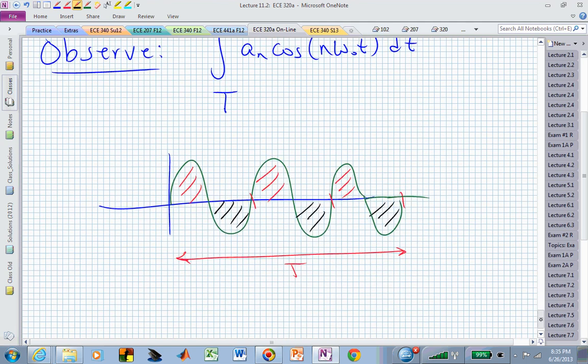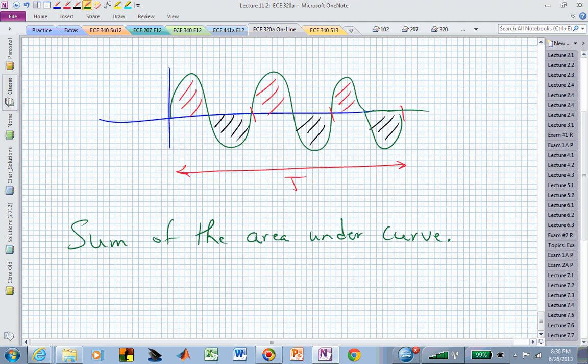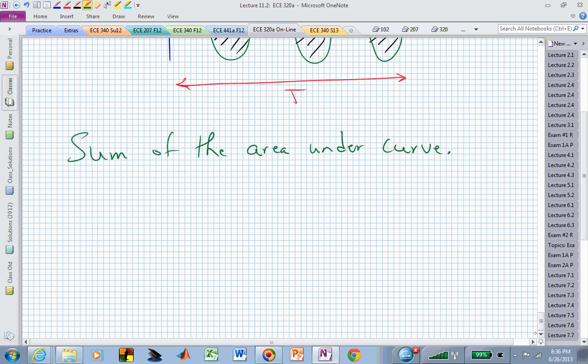All of the other terms integrate to 0 because the sum of the area under the curve is going to give us 0.